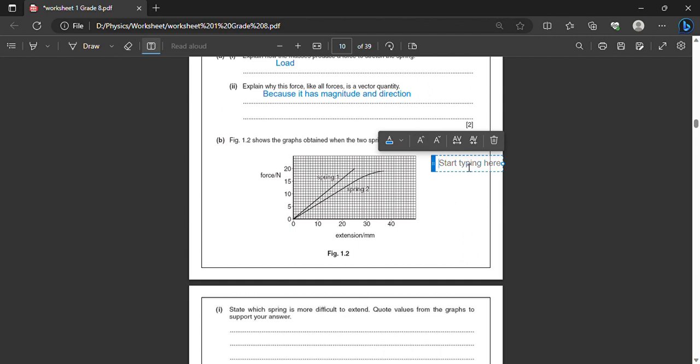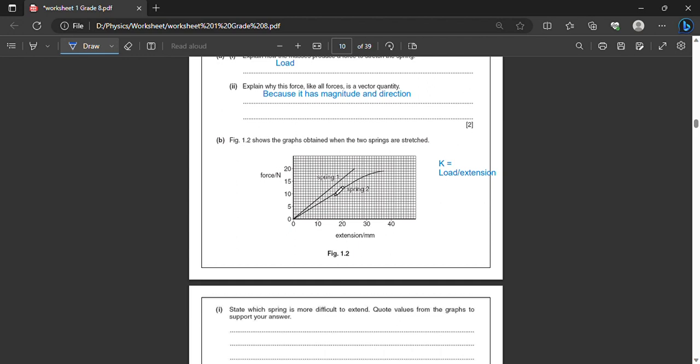The formula to find the spring constant is K, the spring constant, equals the load divided by the extension. So now after this, we should find the points over here. So let's find it.